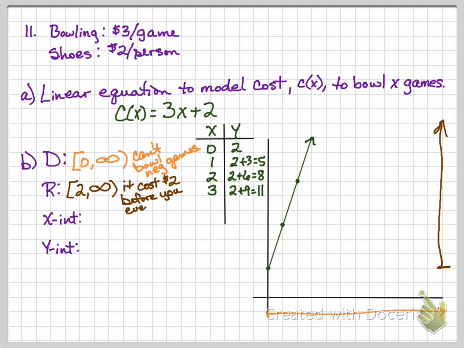Now, x-intercept, if you look, it starts above the x line. So we don't have an x-intercept. We do, however, have a y-intercept at 0, 2. The interpretation of that intercept tells us it costs us $2 to bowl.